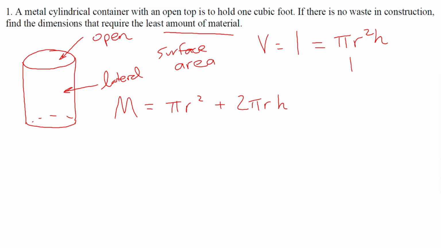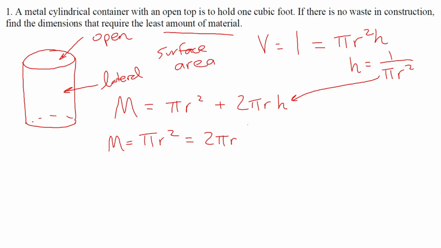So we should be able to see that the height is equal to 1 over pi r squared, which means I can just replace the h in my material equation with 1 over pi r squared. So we'll end up with m is equal to pi r squared plus 2 pi r times 1 over pi r squared.